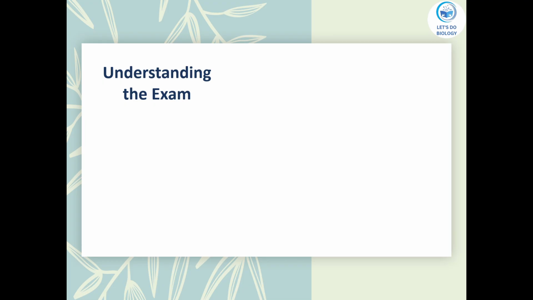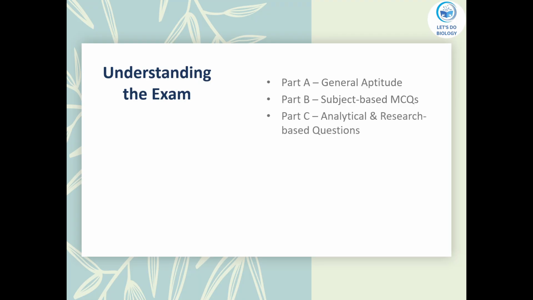So here, as I am talking about your CSIR NET exam, I will introduce you to the pattern of the CSIR NET exam. It includes three parts. Part A, general aptitude, 2 marks, with half mark negative marking. Same for Part B, subject based MCQ, 2 marks, half negative marking. Part C, analytical and research based questions, 4 marks, and 1 mark will be negative.